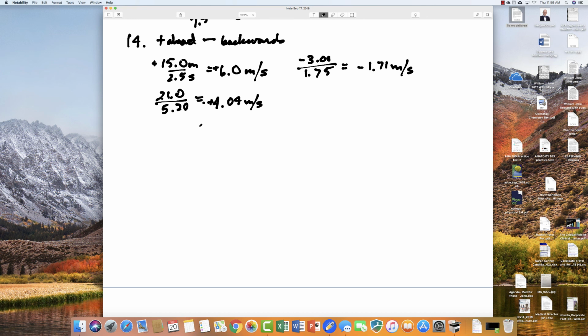Now for the entire interval, you would have to take the entire this minus this plus this, which is a total of 33 meters, and divide that by the total time, which is 9.45 seconds, and you end up with an answer of positive 3.49 meters per second.